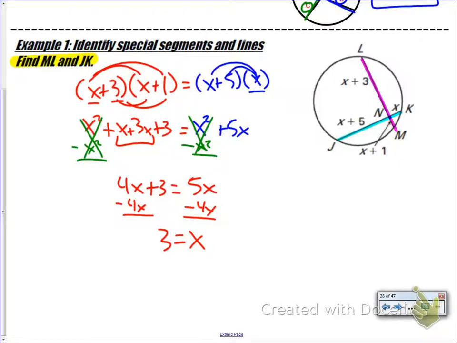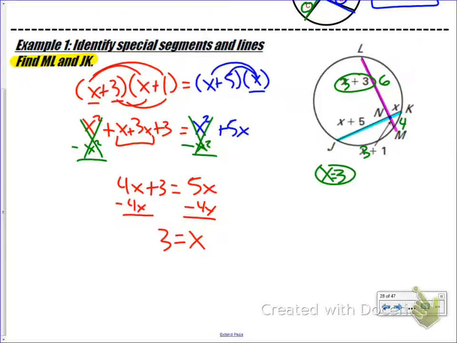Now if I go back and reread the problem and answer the question being asked, I want to find out what ML and JK are, which means I'm going to need to take x equals 3 and plug this into the different parts of the chord. So if I start up here with ML, x plus 3 is going to be 3 plus 3, which is 6. And MN is going to be 3 plus 1, which will be 4.